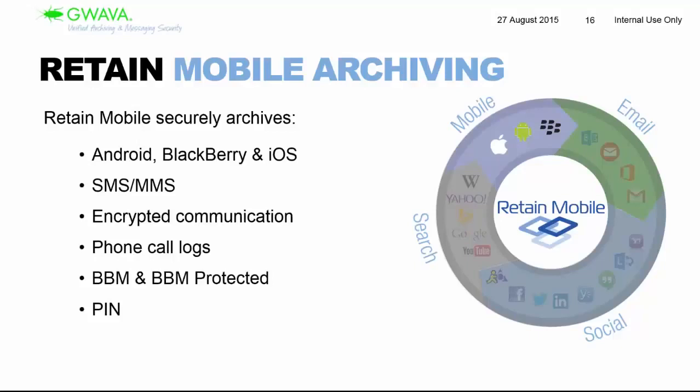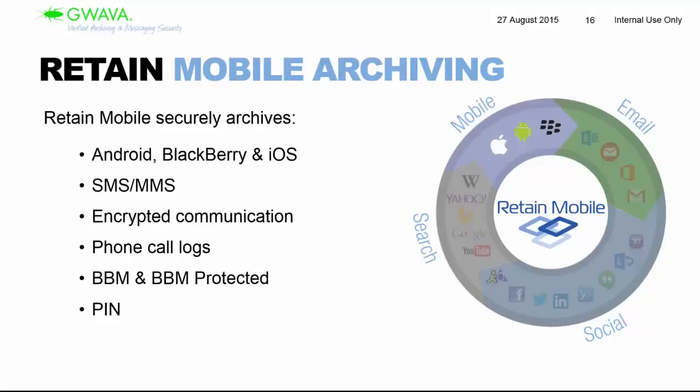And then one specific piece of Retain, since we're talking about mobile communication here, is the mobile archiving piece, which we call Retain Mobile. There are three subsets of Retain Mobile: BlackBerry archiving, Android archiving, and archiving for iOS. Let me hit on the Android piece first. For Android, there's an app that's installed on each Android device.